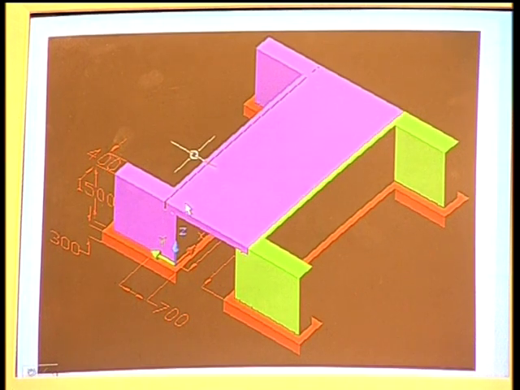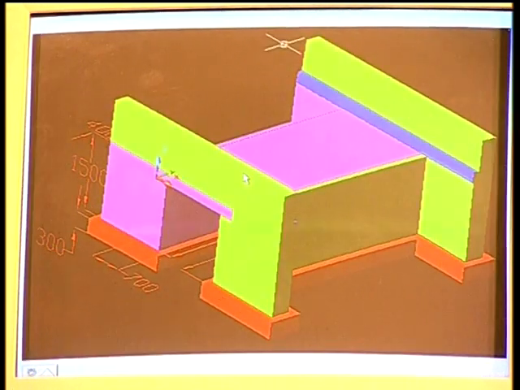Above this you have the slab. Generally these abutments are constructed either with brick masonry or stone masonry, and above the abutments you have bearings, and over the bearings you have the slab. This is the slab portion coming. Now, over this, on this side and this side, you have the parapet wall, and on this parapet wall you have a blue vertical strip.